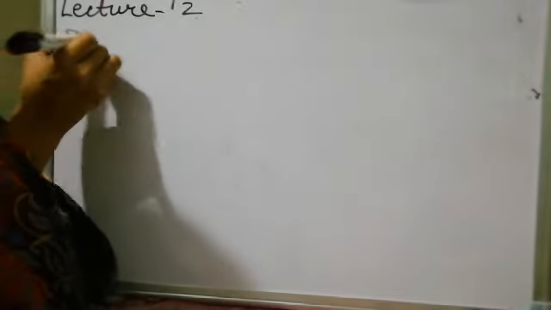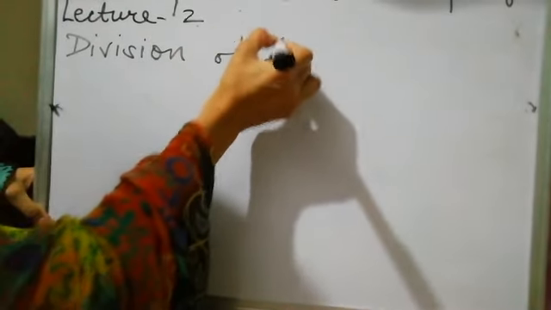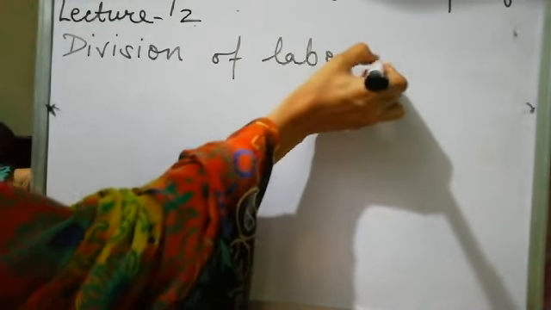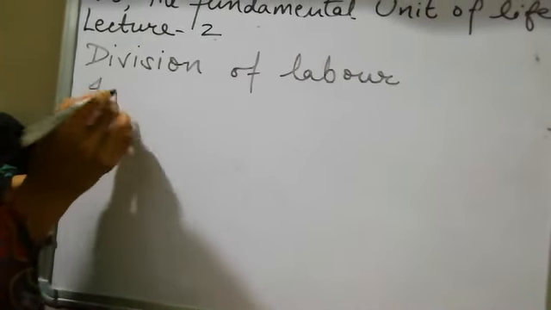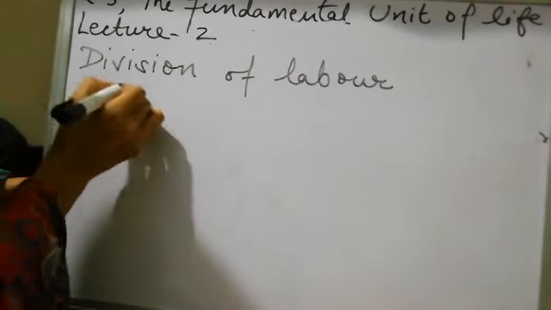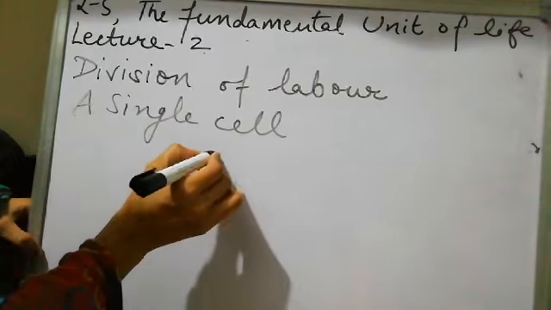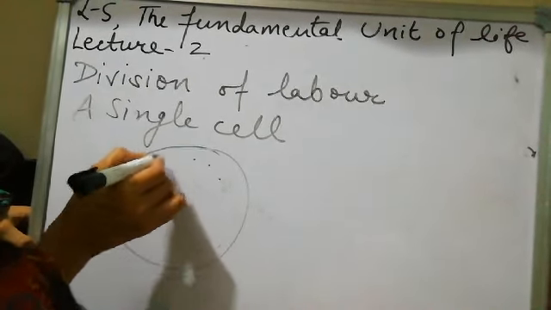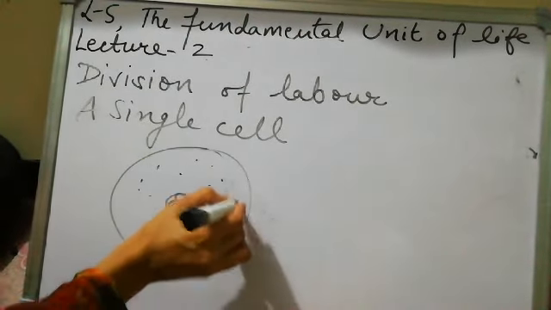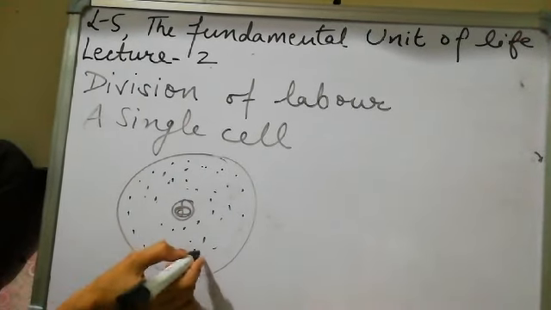Now come to the next topic, that is division of labor. Division of labor means काम का बटा होना. If we talk about a single cell, then in a single cell work is divided among all the special components present in the fluid content of the cell.